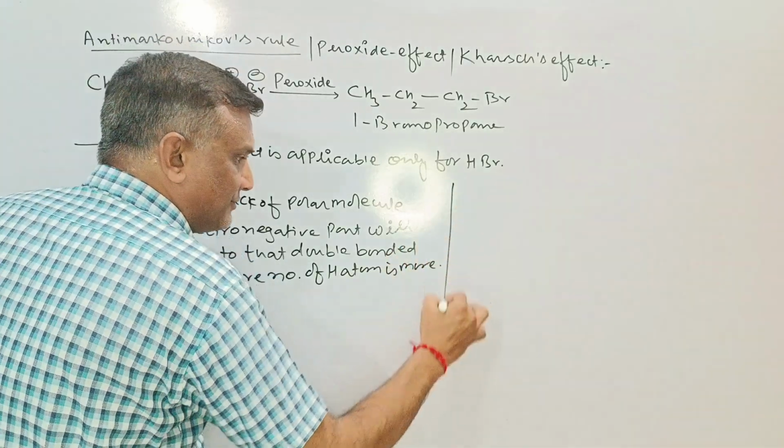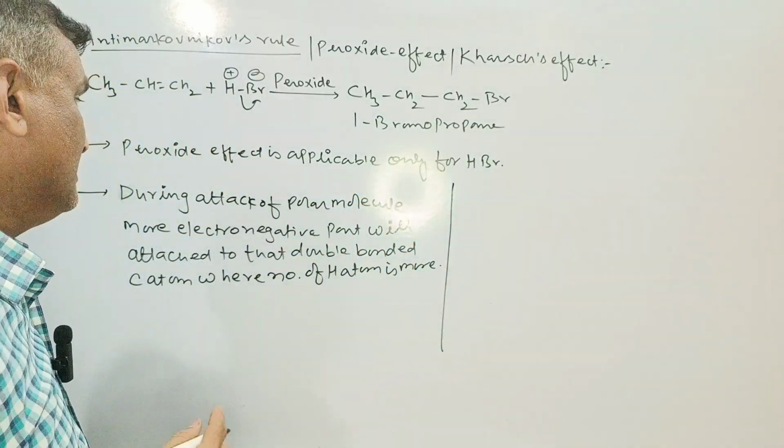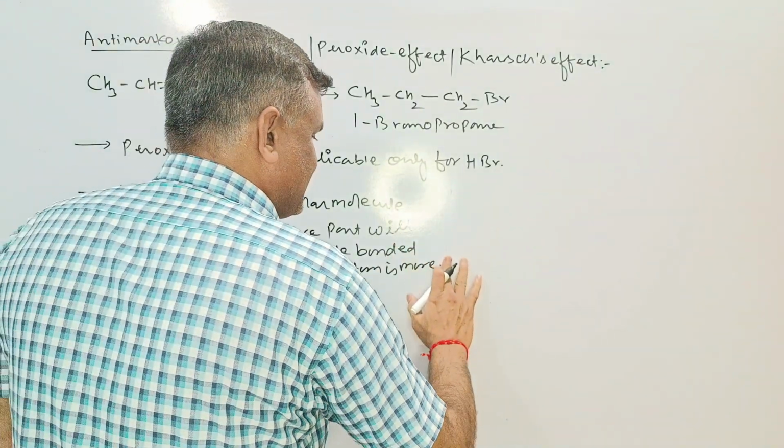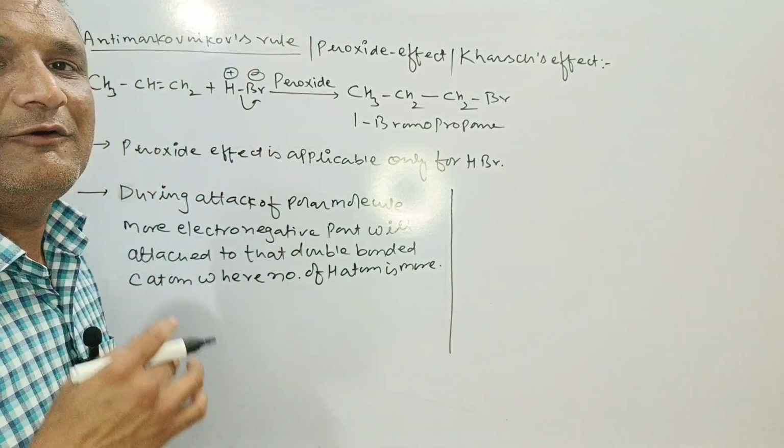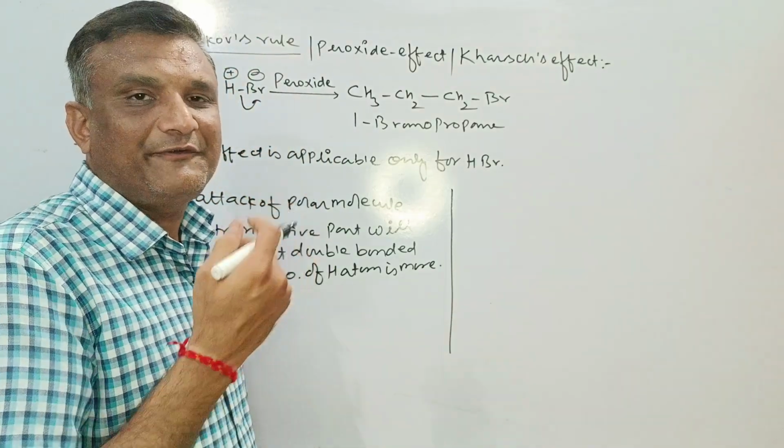This was regarding your anti-Markovnikov rule. What is the reason? Here is the attack of the more electronegative element over that carbon where the number of hydrogen atoms is more.